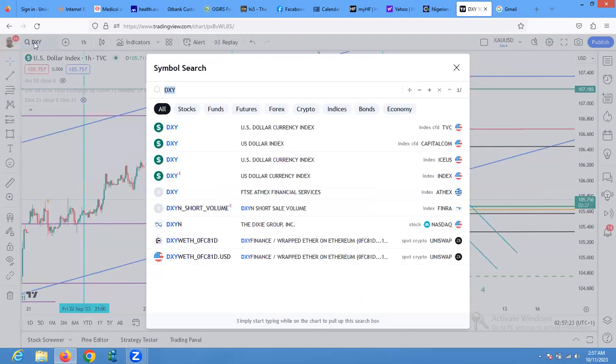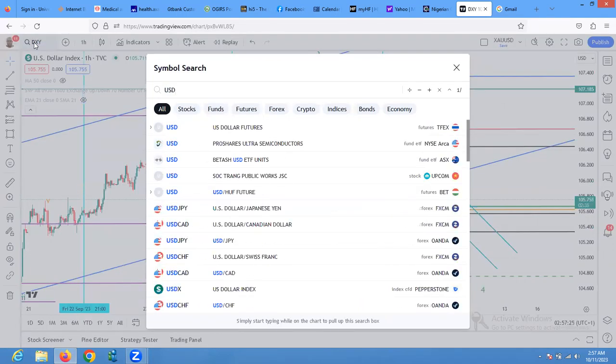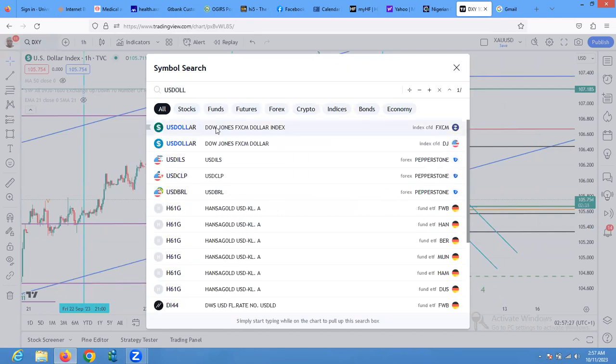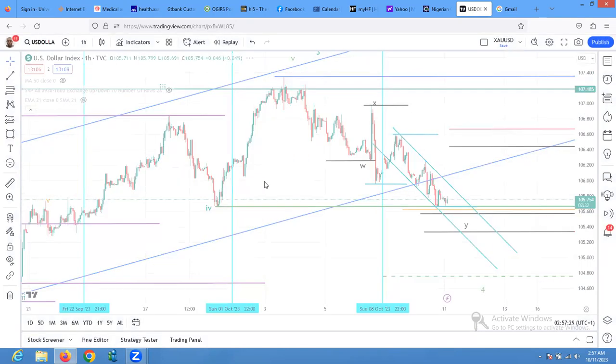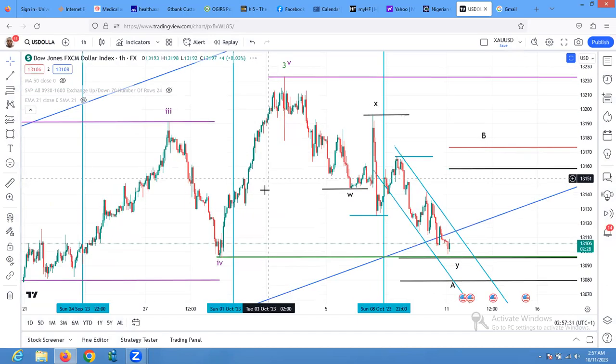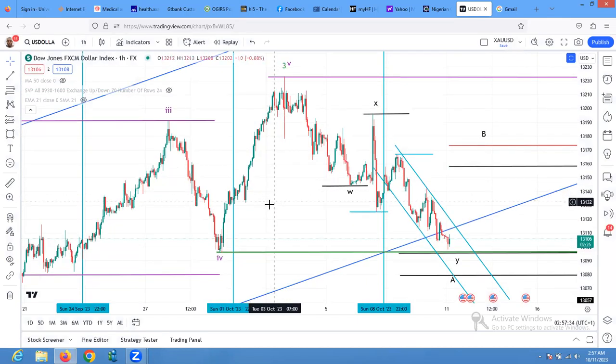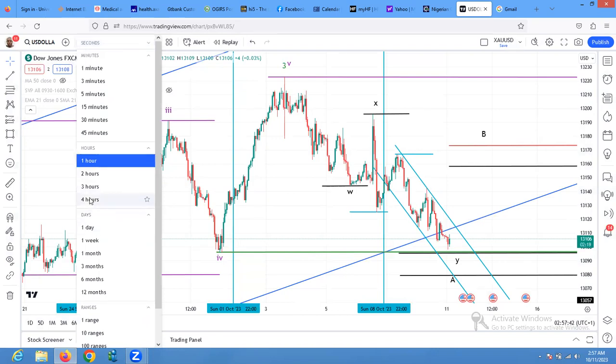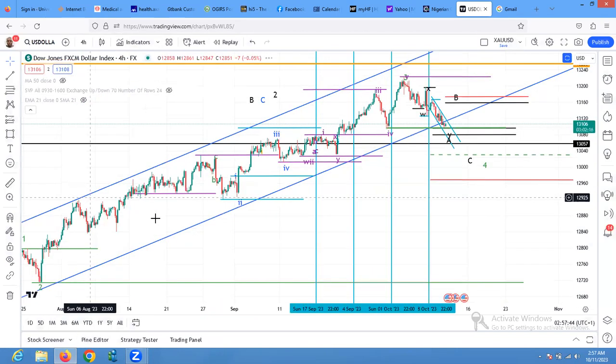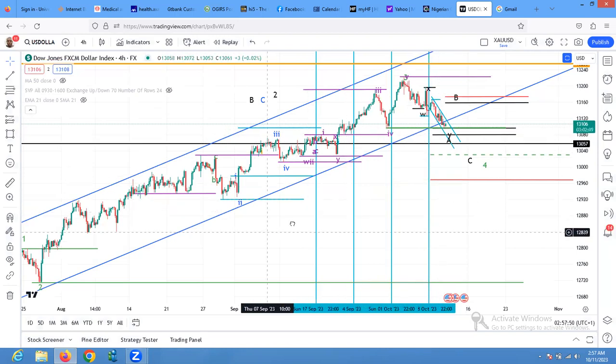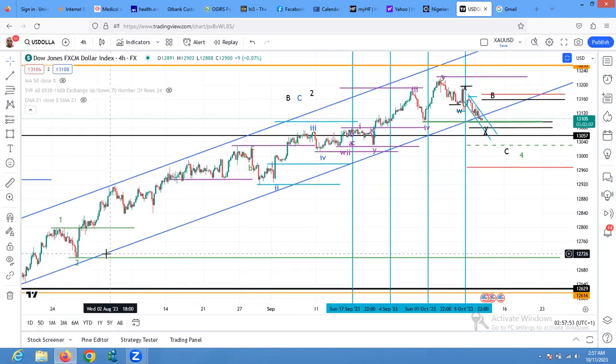If you look at US dollar index again, if I go to 4-hour time frame, for the first time, we are seeing a break out of that structure. So that's the first thing that you'll see, that we are done with this entire run.